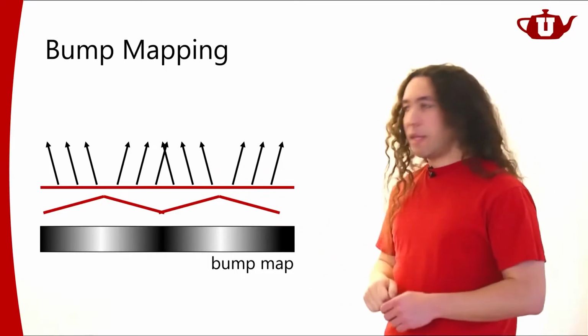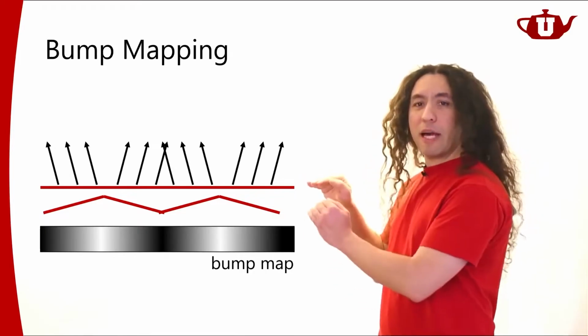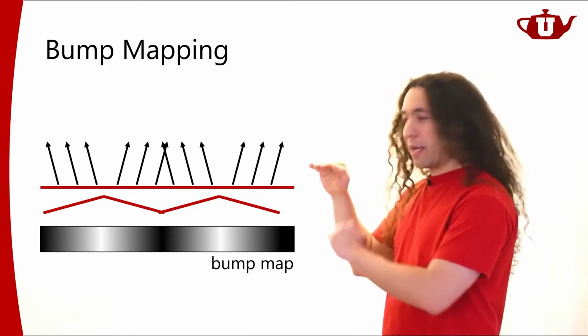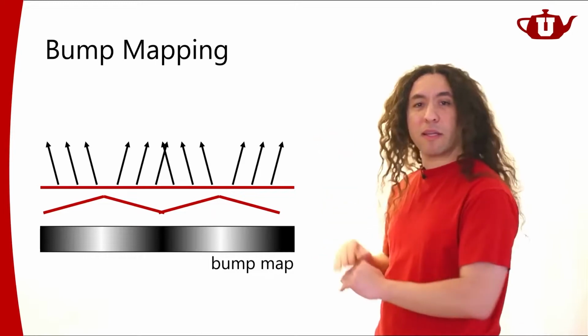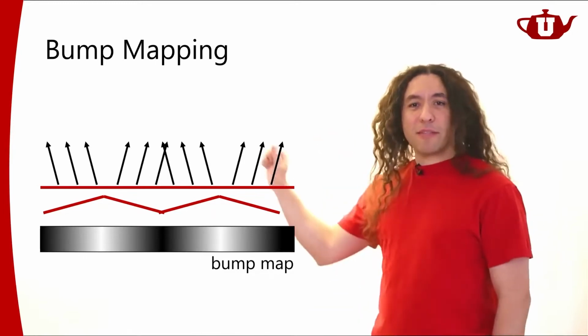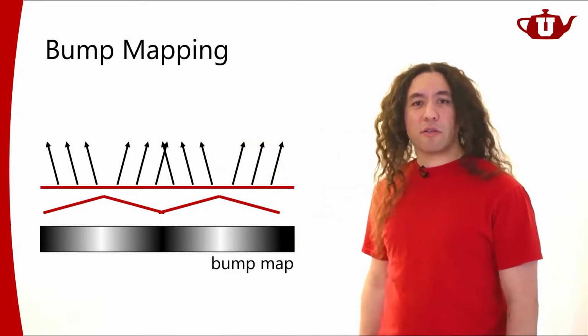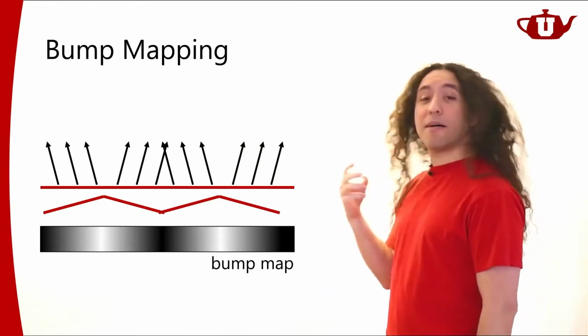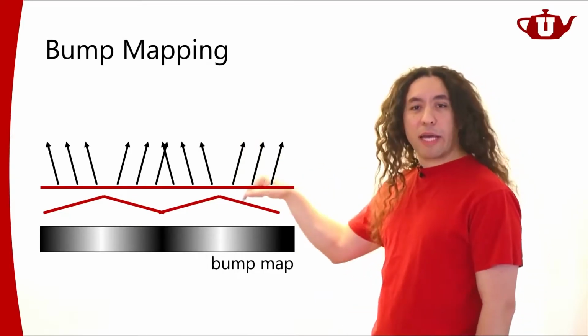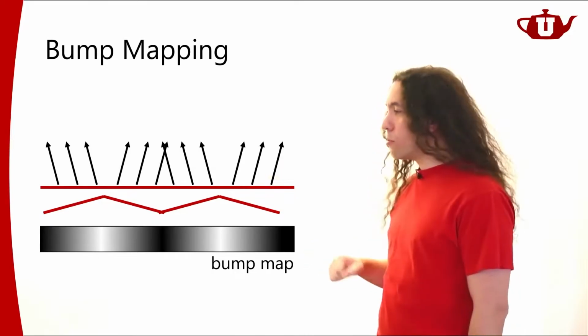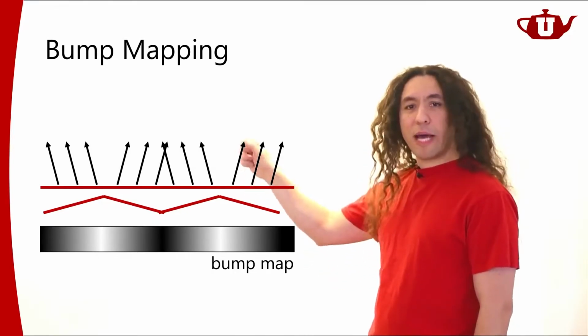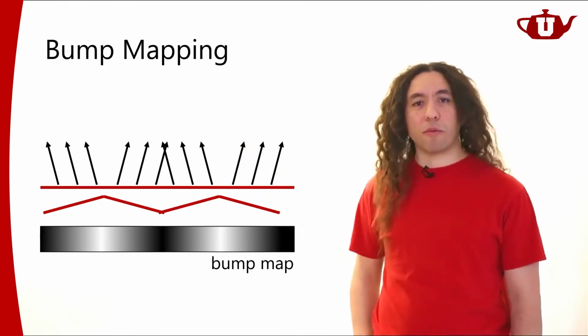If you crank it up, it's going to look like this height map is exaggerated a little bit. So you can sort of adjust how much you're deforming. Yeah, so that's the general idea. You look at the neighboring pixel values for the bump map, and based on that, you perturb your surface normal.